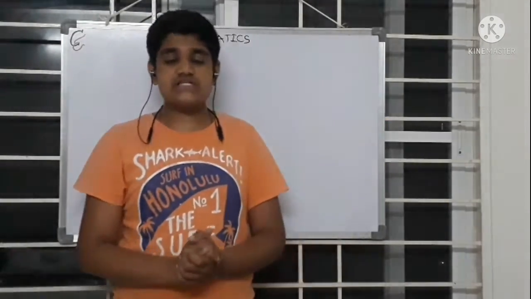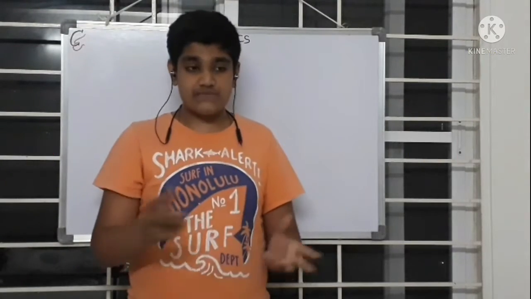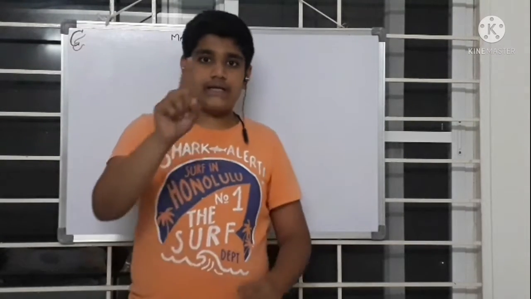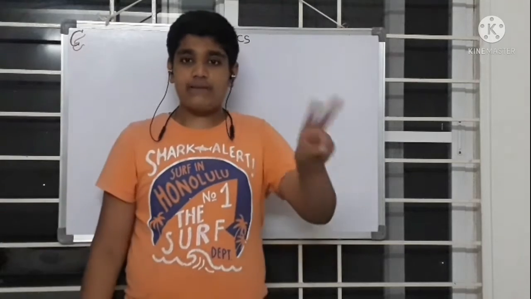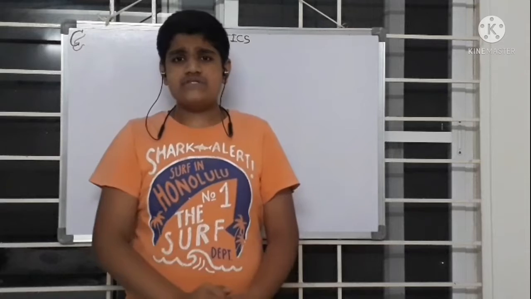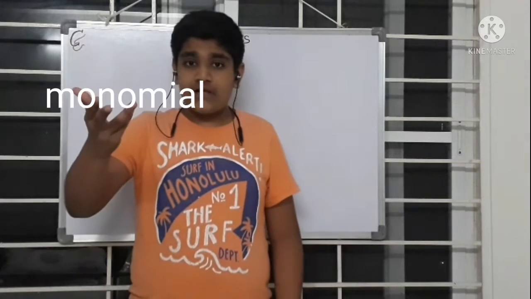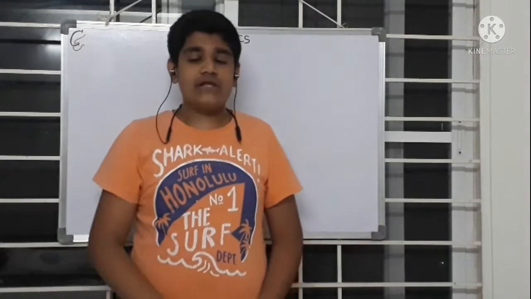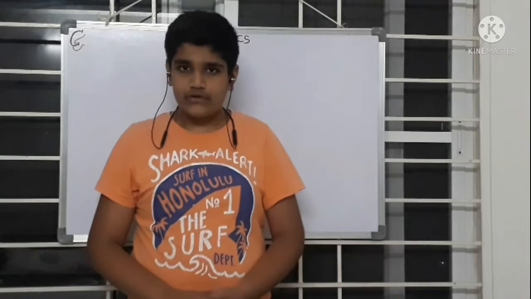We also discussed types of polynomial, based on two things. Number 1, based on the number of terms, and number 2, based on the degree of the polynomial. Based on the number of terms, we discussed monomial, binomial, trinomial and polynomial.